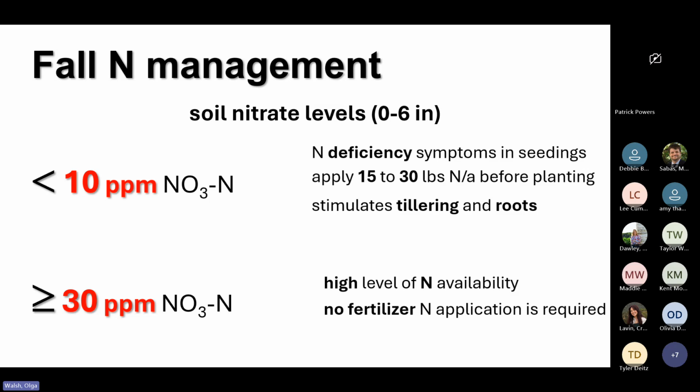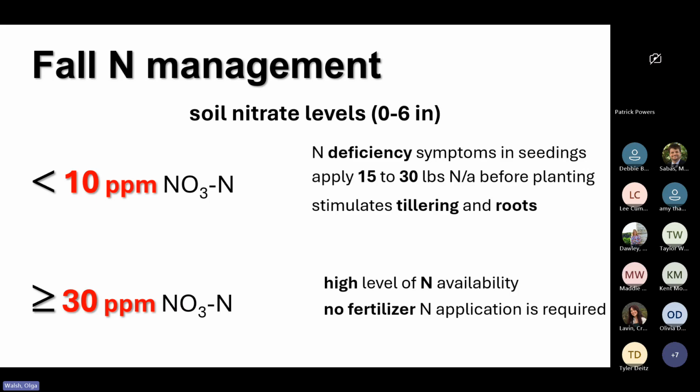So for fall management for winter crop, for fertilization, we normally just go down to 6 inches when soil nitrate tests are done.